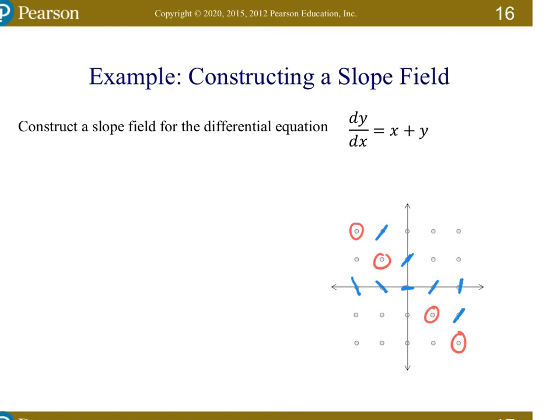And sure enough, all of those points are going to have the same slope as they did at the origin, which is a slope of 0. Let's keep it consistent. So anything that crosses through that line y equals negative x is going to have a slope of 0.